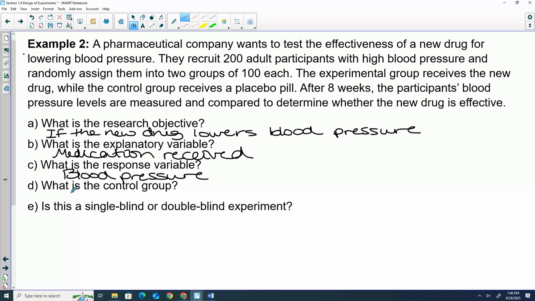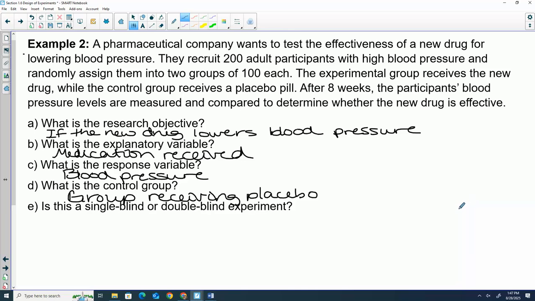What's the control group? That's our baseline group. The placebo is not changing their blood pressure.